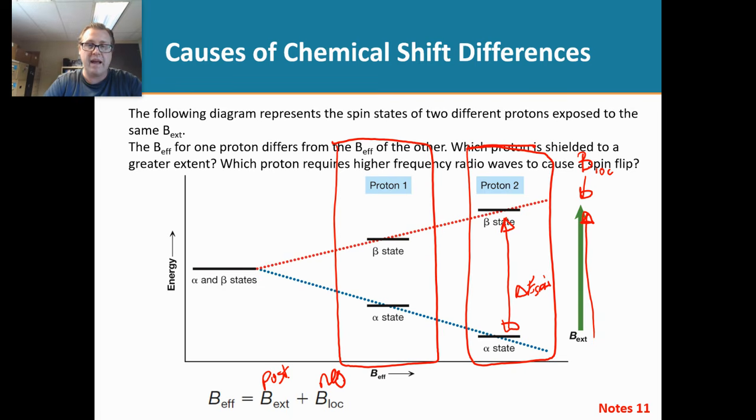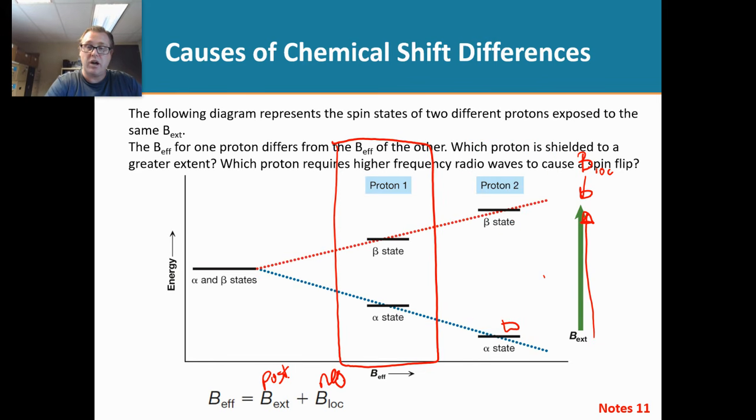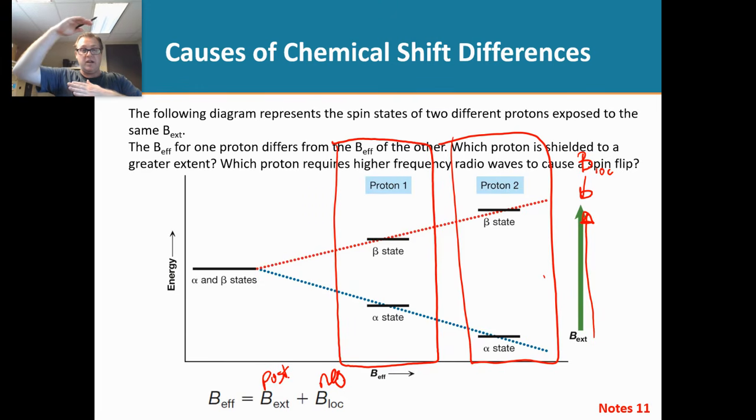And that is all due to the fact that proton 2 feels more of the external magnetic field. So now, proton 2 has a larger change in energy gap, okay, much larger. And so what is that going to require? Proton 2 is going to require a higher energy photon of light to make the nuclei resonate. So it's going to have a higher chemical shift.